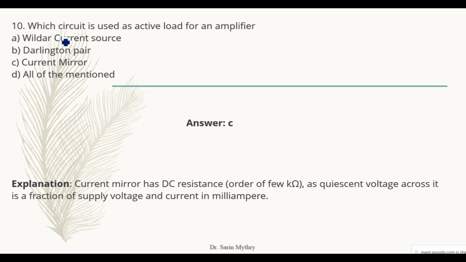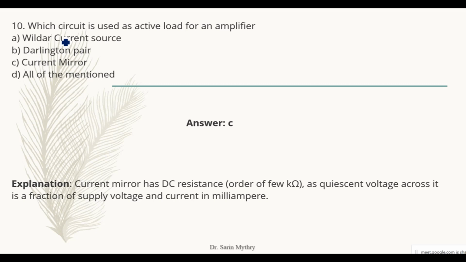Whenever it comes to the current mirror, what is the current mirror? Current mirror is a circuit where the current is going to be constant in both the branches. If a current is constant, that particular current mirror is acting as a resistor, which means ultimately it is acting as a load. We have studied that a load can be any kind of passive element, and in AC circuits we'll be using resistors as loads.